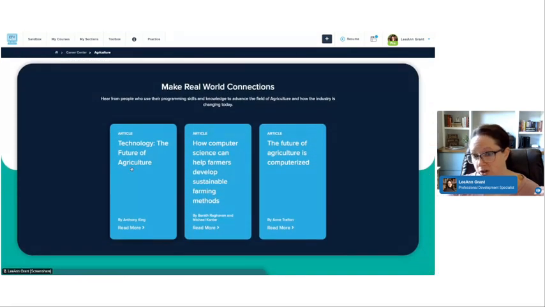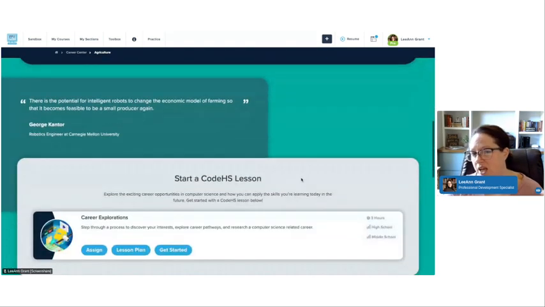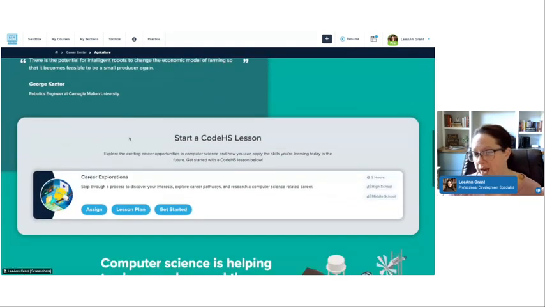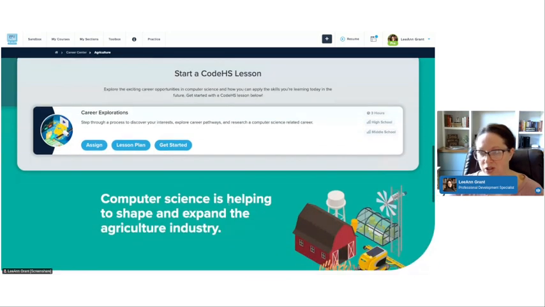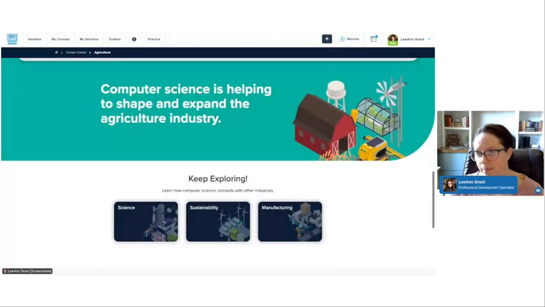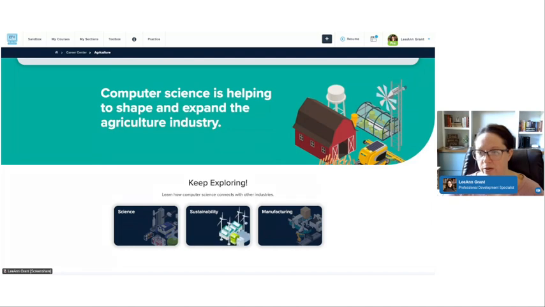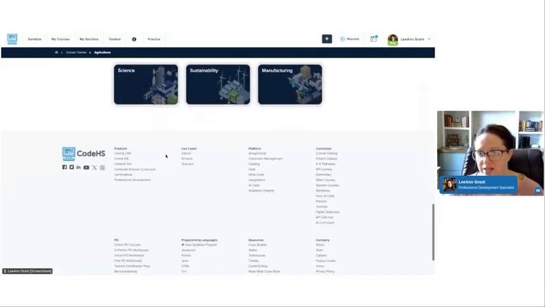It has some articles about technology and the future of agriculture, how computer science helps farmers develop sustainable farming methods. The future of agriculture is computerized. It goes on to then have a lesson about career exploration, and they get to do it in their specific area. Okay. And then there's other ones that it suggests at the same time.